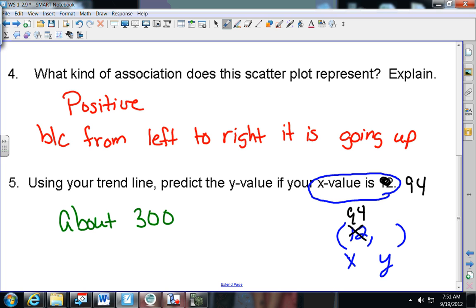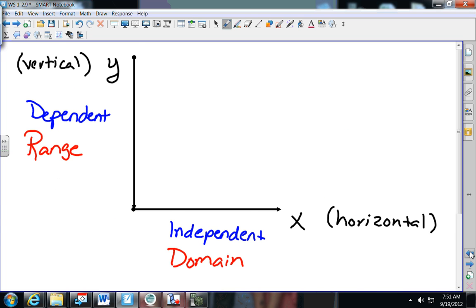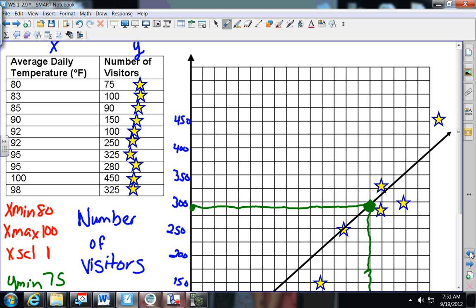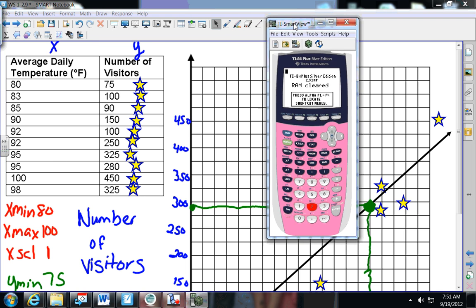Okay. Now, with our calculator, we're going to graph this in our calculator. So, before you start, you always want to make sure the memory on your calculator is cleared. Do you guys remember how to do that? Okay.